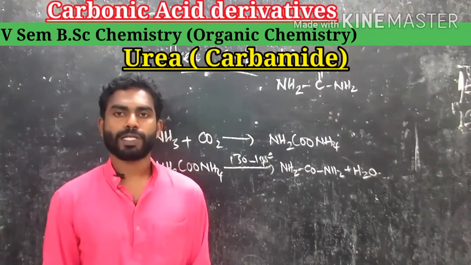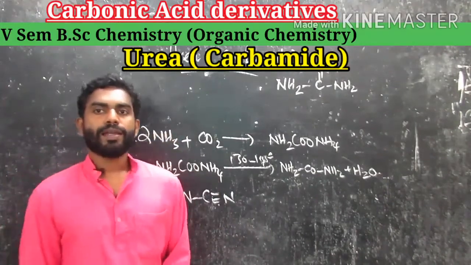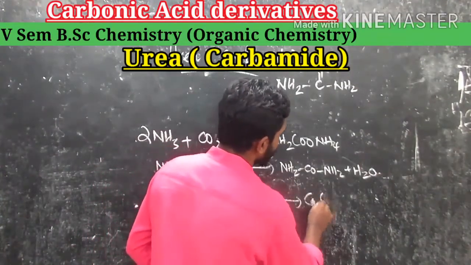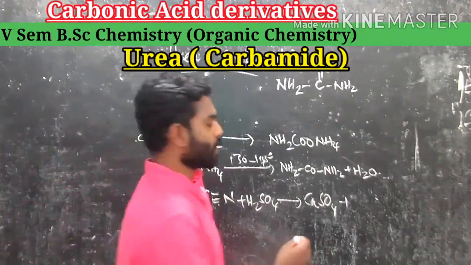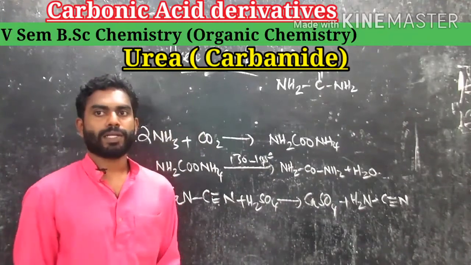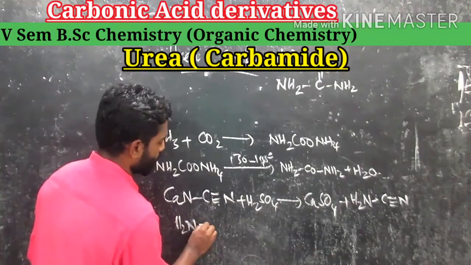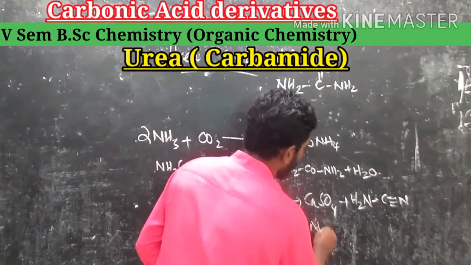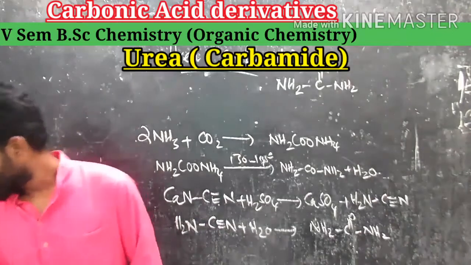Calcium cyanamide, CaNCN, is treated with H2SO4 to get calcium sulfate plus H2N C triple bond N. This cyanamide is hydrolyzed: H2N CN treated with water gives urea. These are the two methods of manufacturing urea.